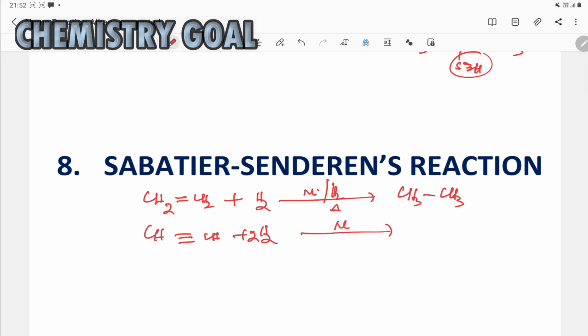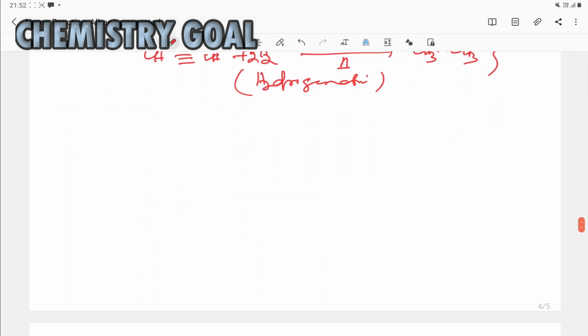On heating with nickel, the result is also alkane. And this reaction is called the Sabatier-Senderens reaction. That is the reduction of alkene or alkyne in the presence of hydrogen, and the catalyst generally used is nickel. This reaction is called hydrogenation, and this is called the Sabatier-Senderens reaction.